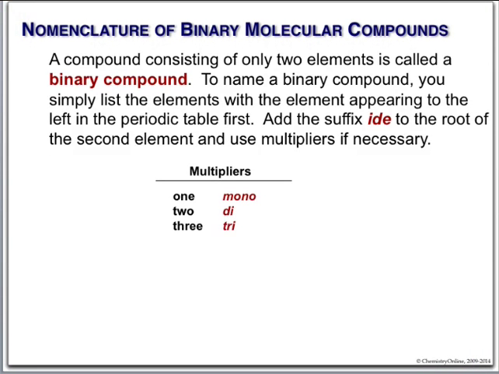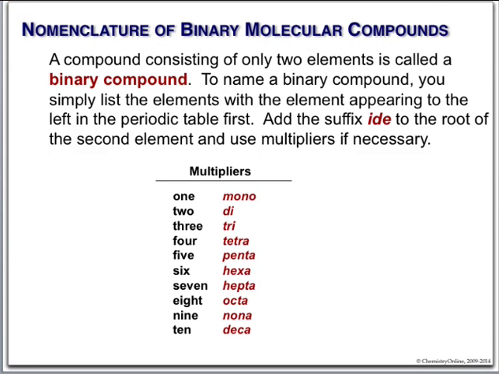The multipliers we use, 1 is going to be mono, 2 is di, 3 is tri, tetra, penta, hexa, hepta, octa, nona, and deca. Now you're probably never going to see things here. You see 7, 6 and 7, and 5s and stuff, all this. But those are simple to remember. Mono, di, tri, tetra, penta, hex, and hept.